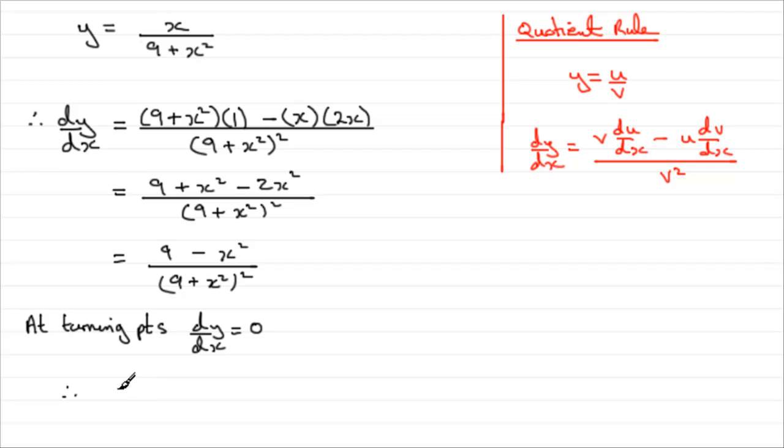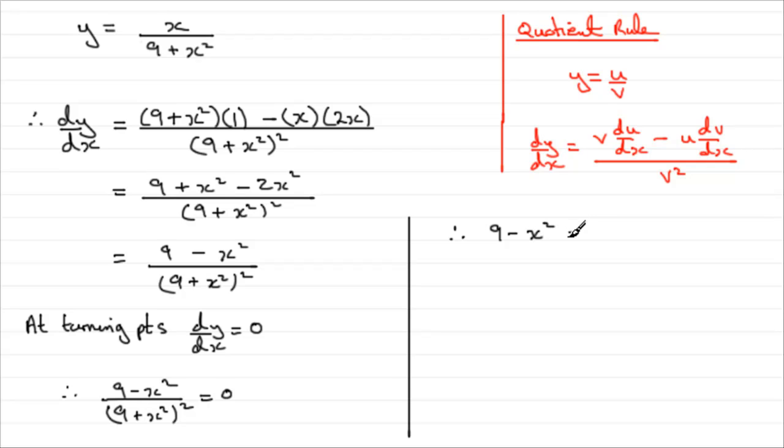Well, it's going to mean that 9 minus x squared all divided by 9 plus x squared all squared is going to equal 0. So if we were to multiply both sides by the denominator, 9 plus x squared all squared, it's just going to leave us with, therefore, 9 minus x squared equals 0.